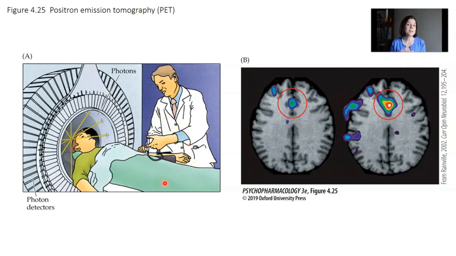We can administer them different pharmacological compounds that will bind to things we're interested in the brain. So this might be various neurotransmitter receptors, for example. We can put in a ligand that would bind to a receptor that we're interested in, and because it's tagged, we can then image with PET scanning where that ligand binds.